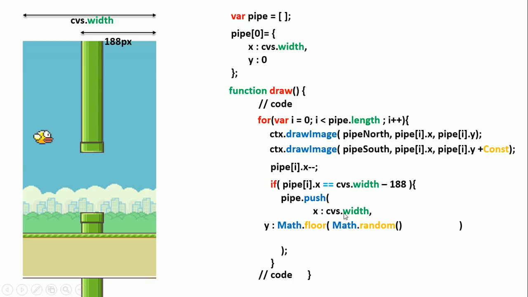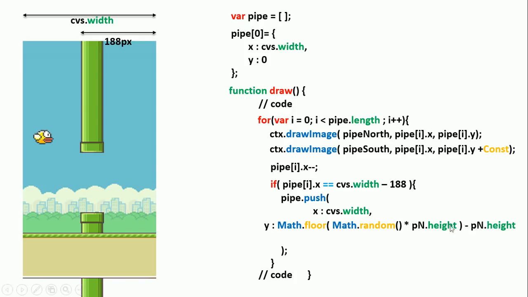So for that we will multiply our Math.random by the pipeNorth.height. So now we will get 0 if Math.random returns 0, and we will get pipeNorth.height if Math.random returns 1. And then we say minus the pipeNorth.height.